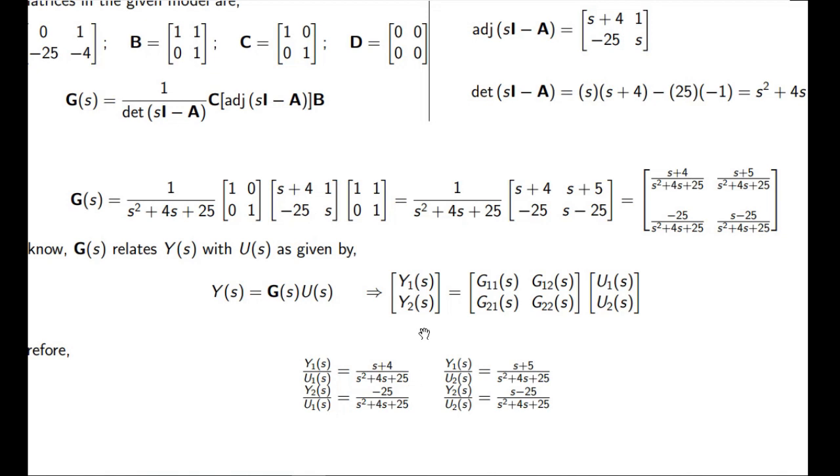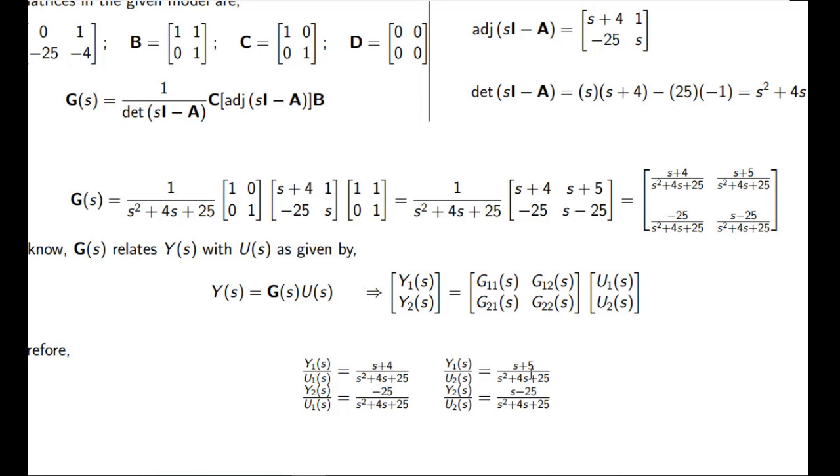They are nothing but this determinant of sI minus A. So this is going to be the characteristic polynomial. So the characteristic polynomial is going to be the same irrespective of the input and output. So if you change the input and the output, what changes is only the numerator. That is one point to note.